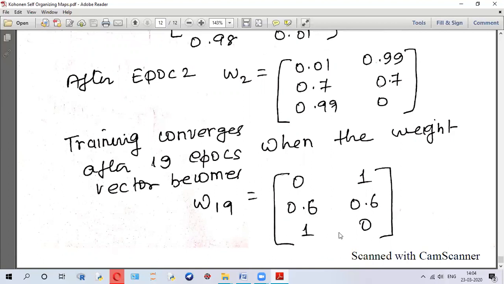We need to draw a graph and code this in order to understand, because W19 as we have calculated may not be correct. It may result in a local error also, so local optima also. So only after implementation can we come to know what the convergence rate is. So this is how the algorithm works.